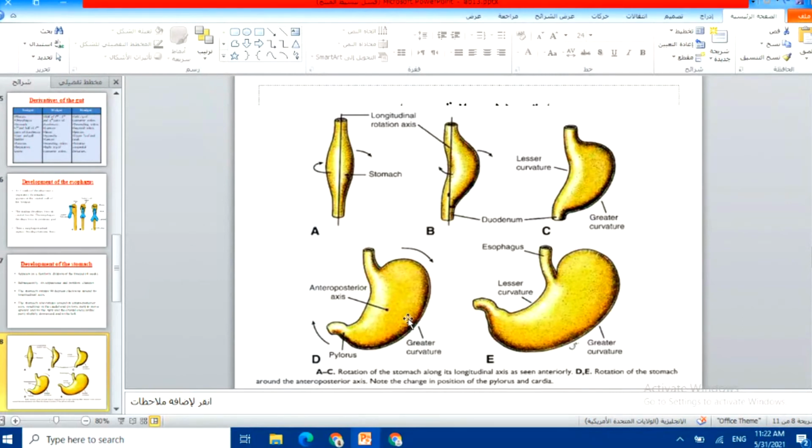The last one is the rotation process. Rotation will happen in different axes: a longitudinal rotation axis and an anterior posterior axis. This one will be 19 degrees. Why? In order to place the pylorus and the cardiac end in their proper locations.